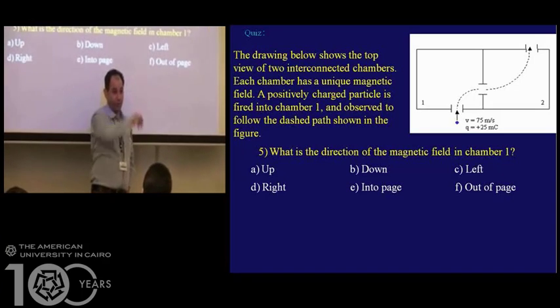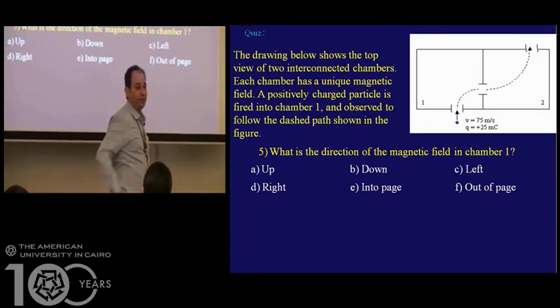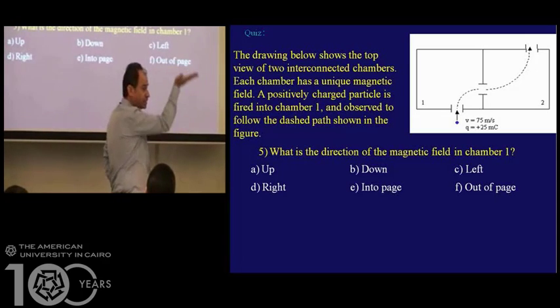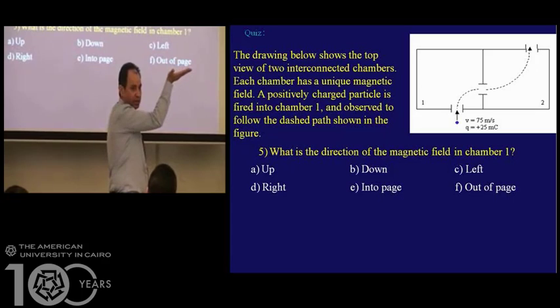That was chamber number 1. How about you do chamber number 2? What is the direction of the force? Up. It doesn't matter, up. Okay. Then, what is the direction of the motion? To the right.